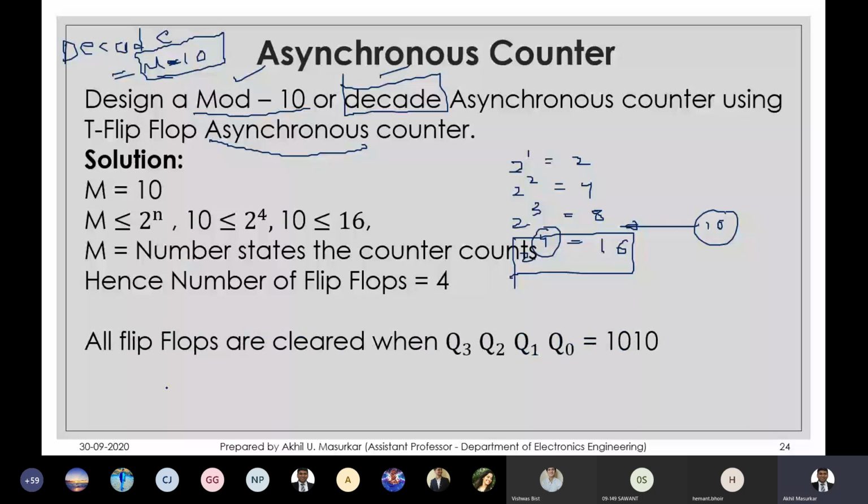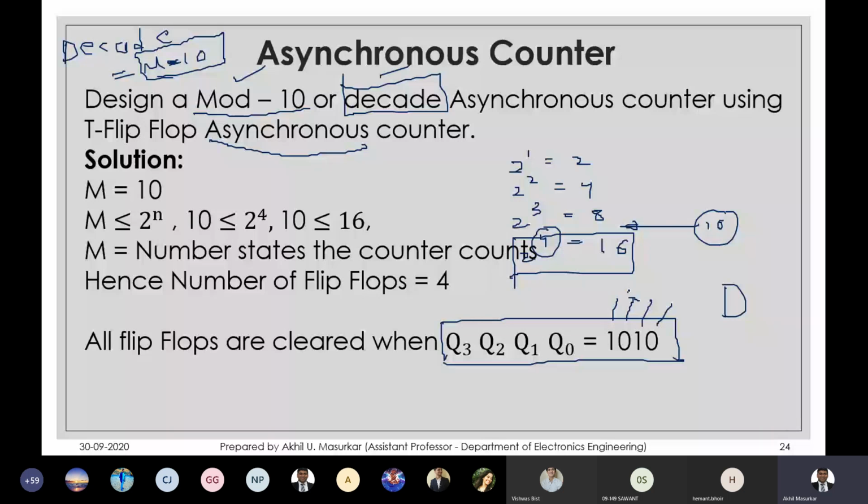So note, all flip-flops will have to be reset when the count reaches 10. So you have to detect 1, 0, 1, 0 and give it to an AND gate.